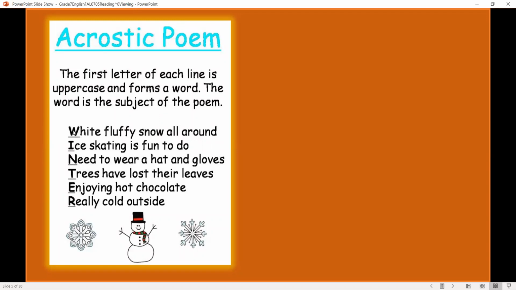Now, if you had to read the word vertically, it says winter. So now the poem, the associating sentences are probably going to be about winter. And if we read it, we will probably hear that it doesn't really rhyme, but it does talk about winter.